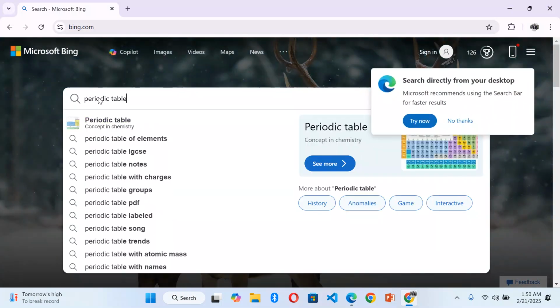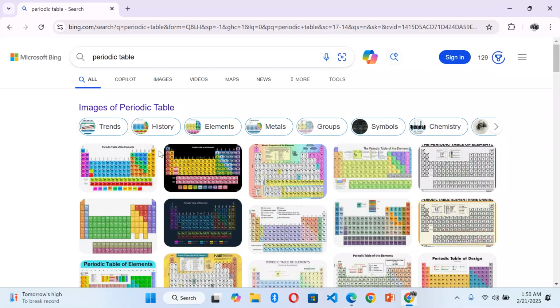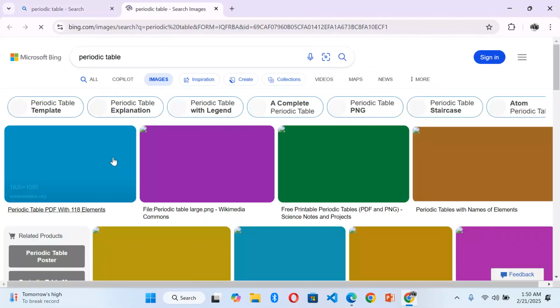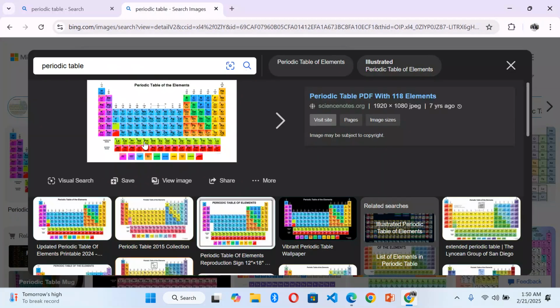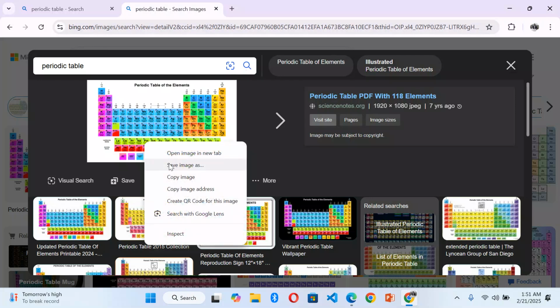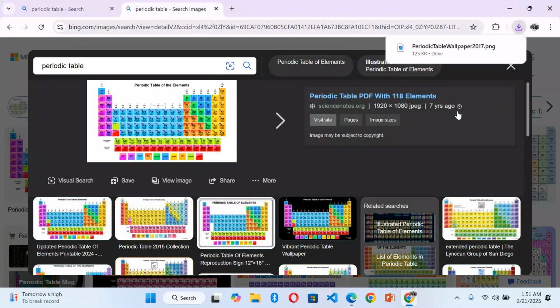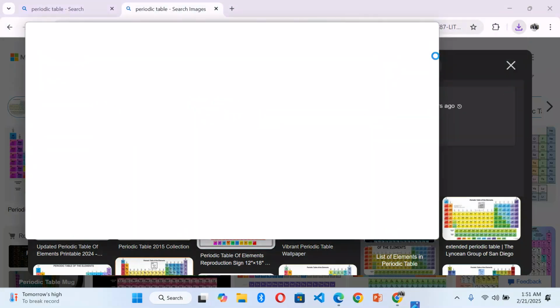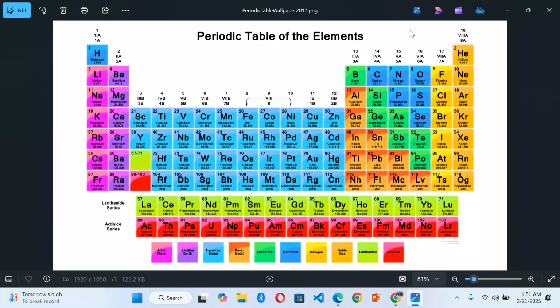If you don't have a periodic table, you can search for one online and have your own copy. So let's have this periodic table, and we look at how we can always refer to it.